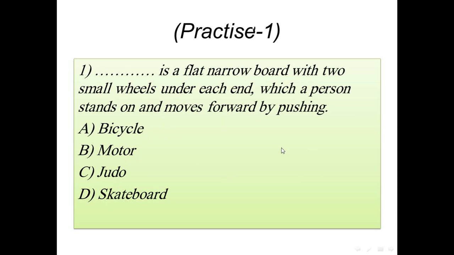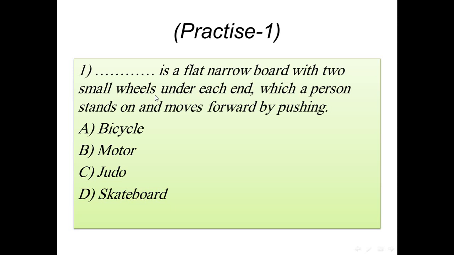So let's know who knows the answer. Yes, the answer for this practice is skateboard, because here it says it's a flat, narrow board. The board is like a hood with 2 small wheels. You have to imagine that, as I showed you in the picture.